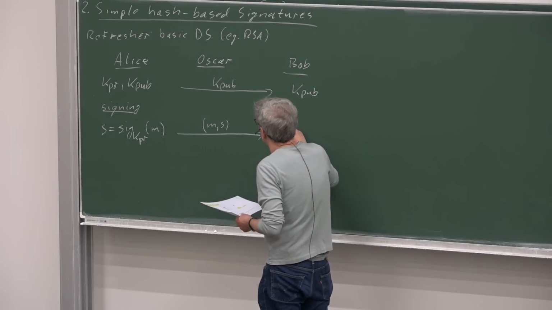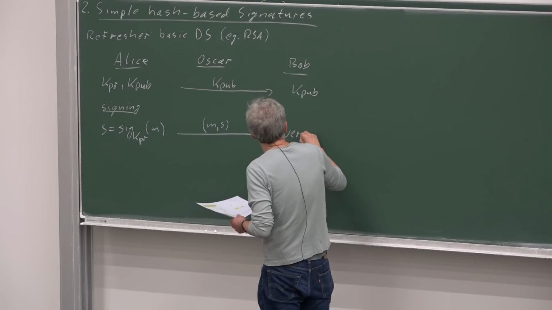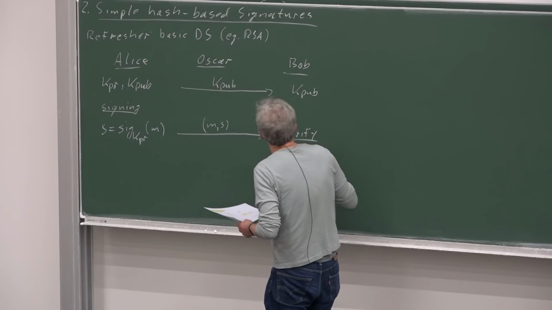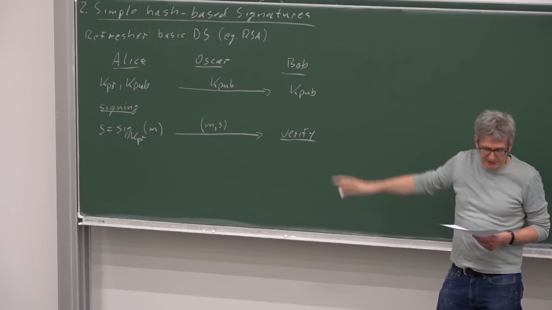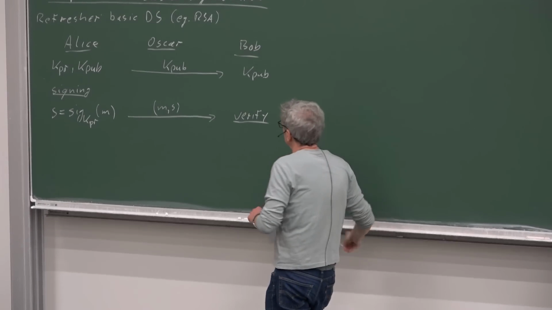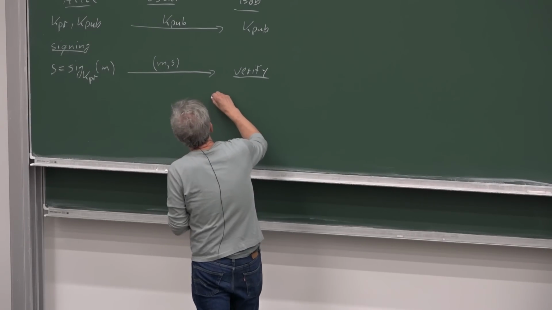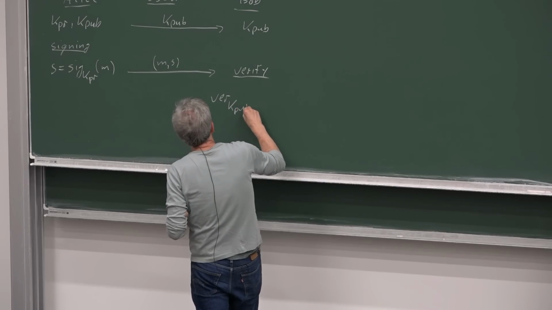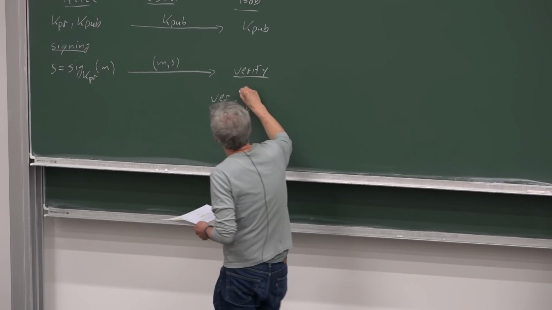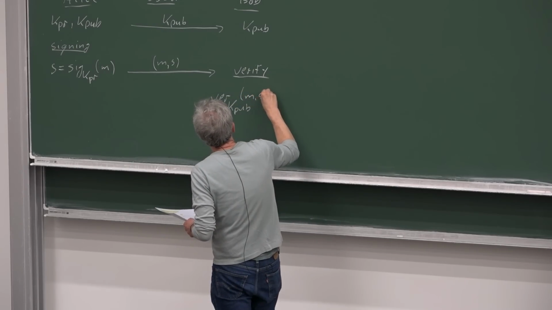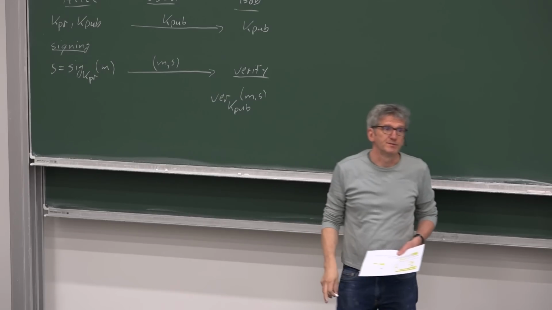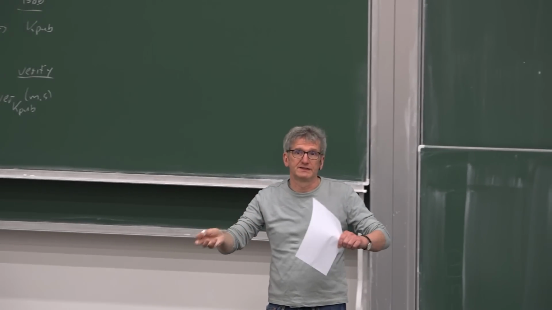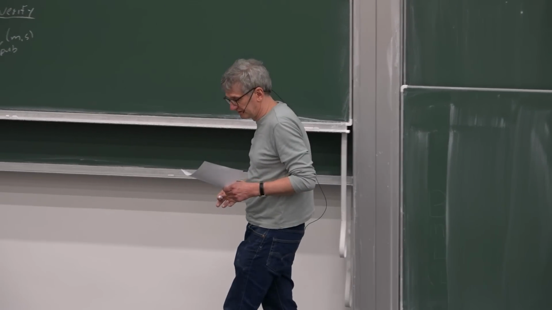And now the cool thing is Bob can verify using the public key. There's some verification algorithm which uses the public key, and the verification also needs M and S as input, right? So you verify the signature relative to the message.